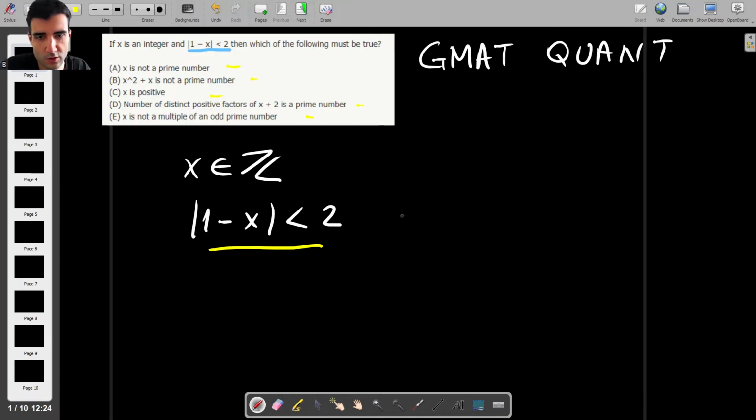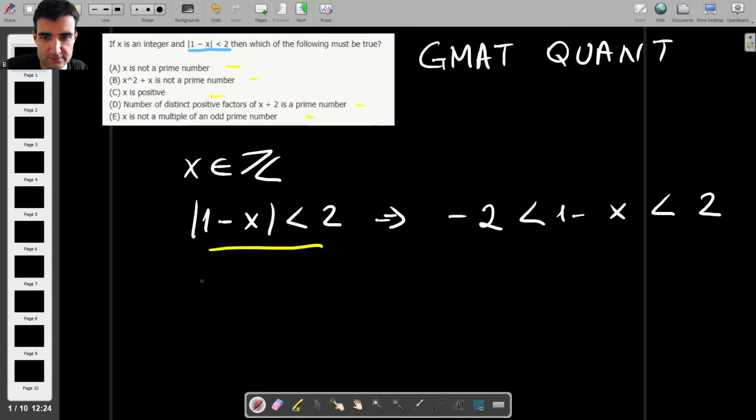So this inequality can be rewritten in the following way. The goal here is to first of all get rid of the absolute value. To do that we take into account that this becomes minus 2 less than 1 minus x and less than 2. And we got rid of the absolute value.